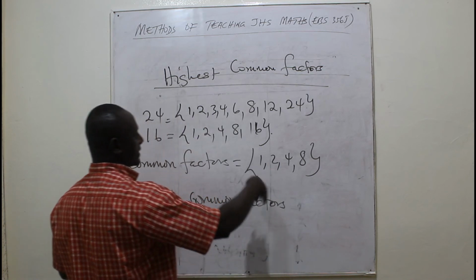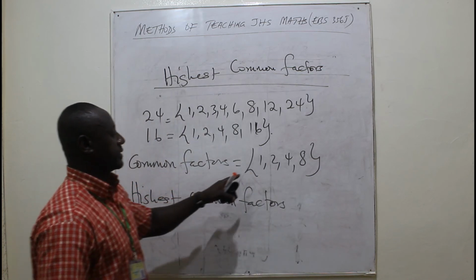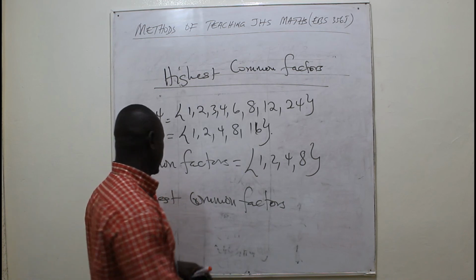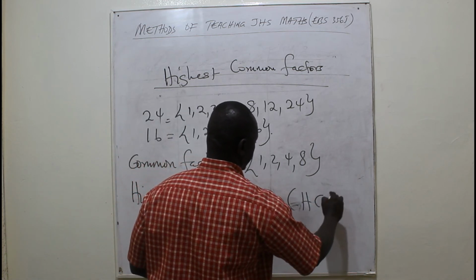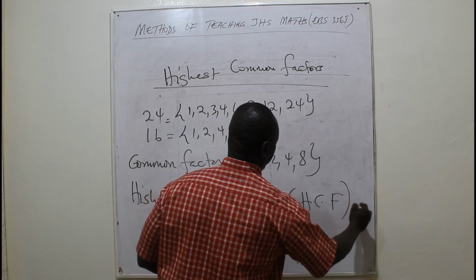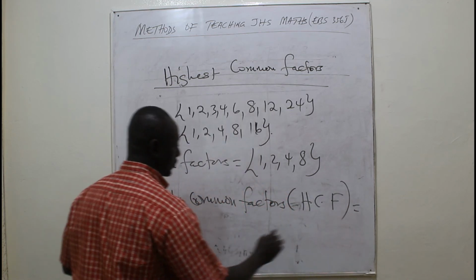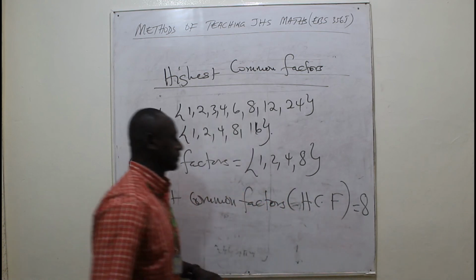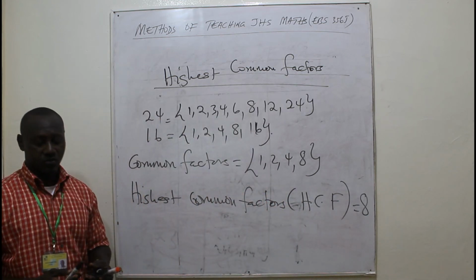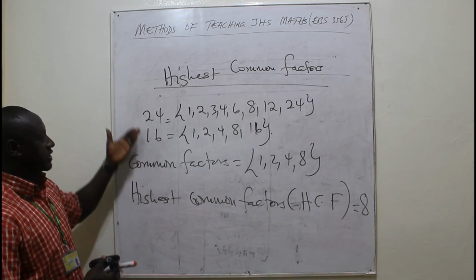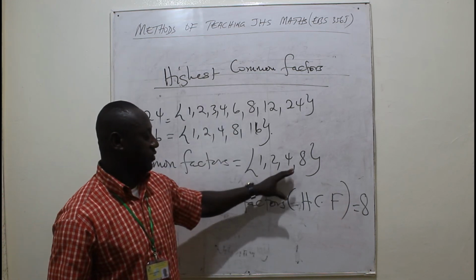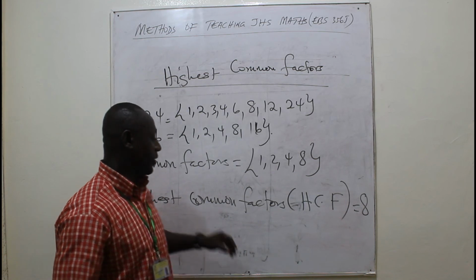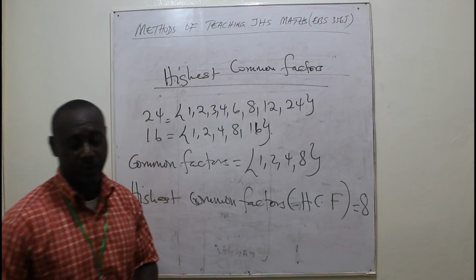That is the number that is highest among the common factors. And in this case, this is the same as HCF. Okay. I hope this one we can all do. So you guide the children to list the factors of the numbers, let them pick the common factors out of that, and then let them get the highest common factor of that.